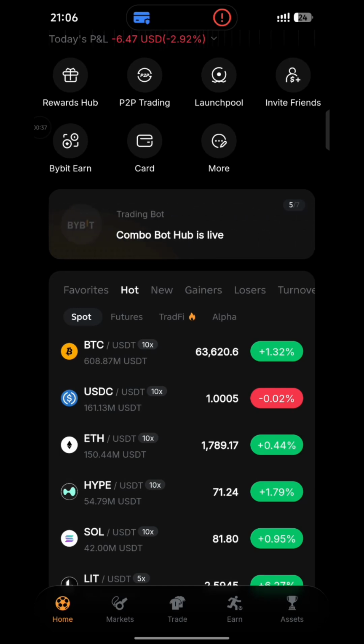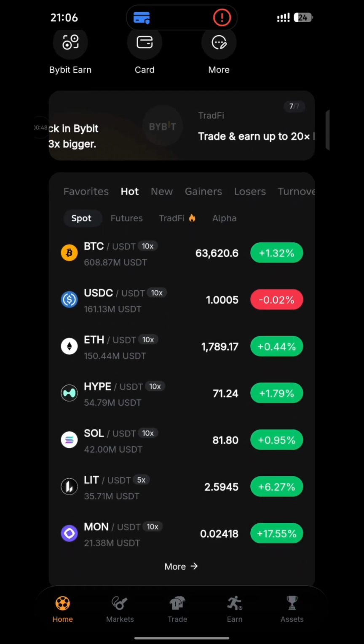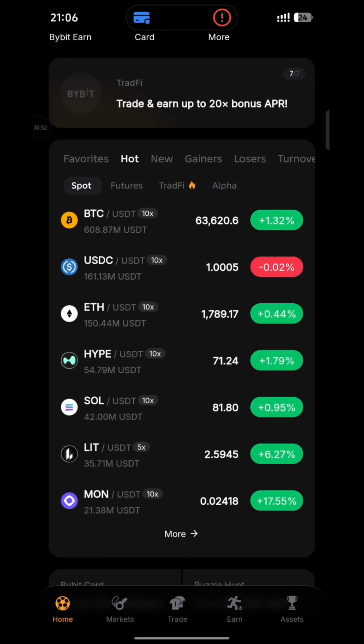The main reason for this tutorial is to show you how you can buy low and sell high. So without wasting time, let's quickly look for one particular cryptocurrency coin of our choice.